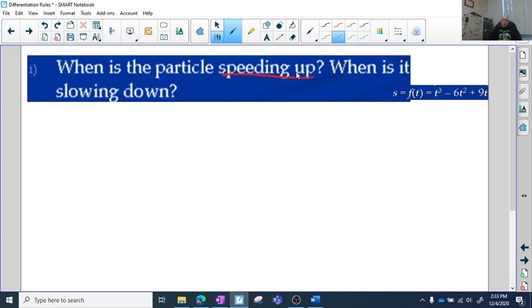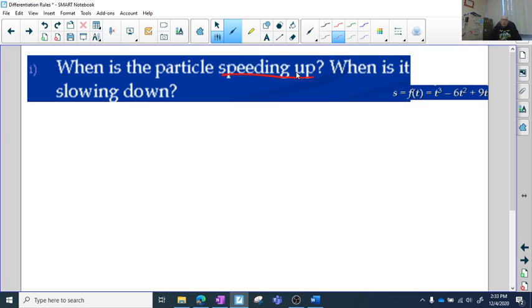Well, the reason it's speeding up is because the acceleration is going down and the velocity is also going down. Versus this, I stand here in the classroom, I have a ball in my hand, and I throw it up in the air. That ball is going to slow down. And the reason it's going to be slowing down is because the velocity I gave it was in the positive direction, but the acceleration is pushing down, right? So those two get working against each other.